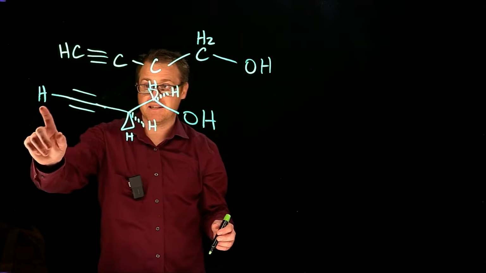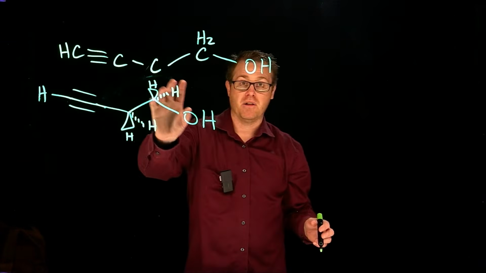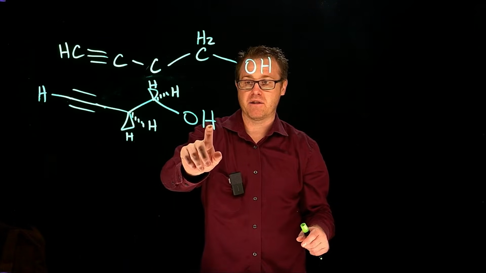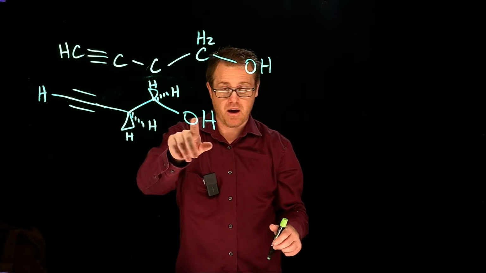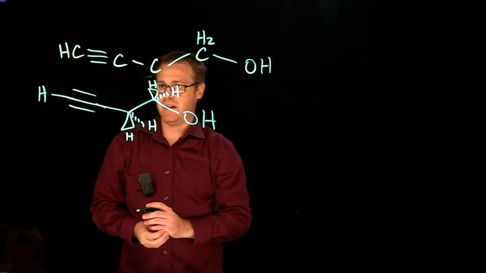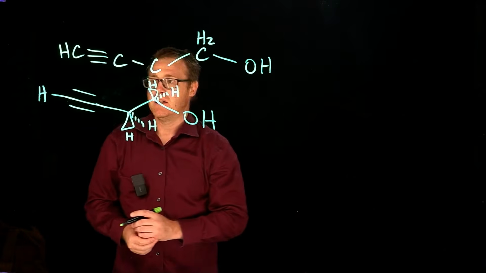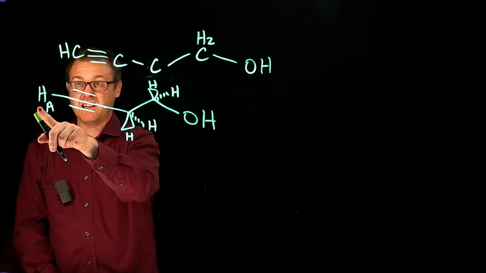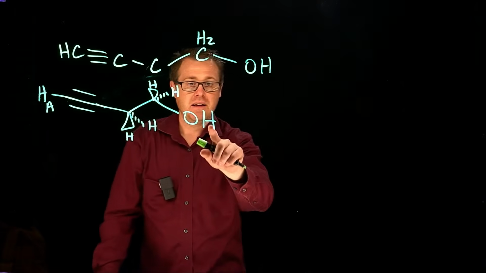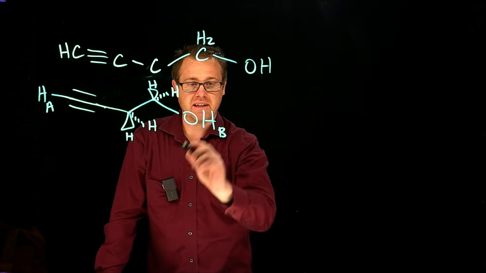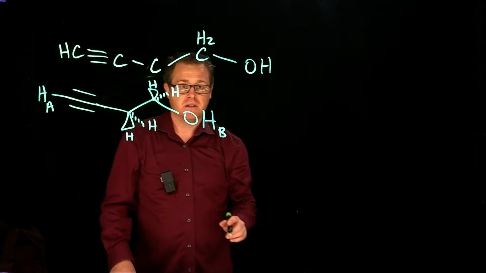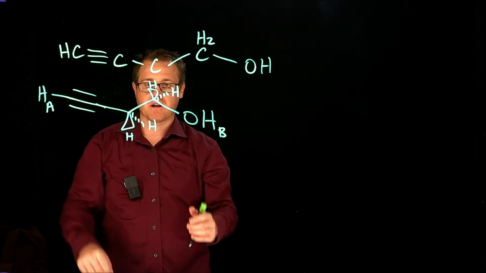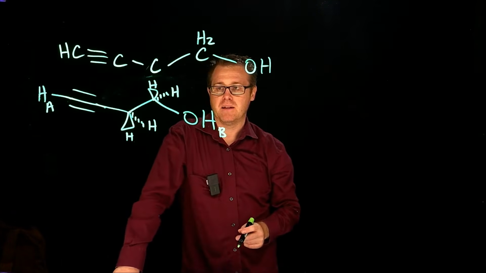The X is attached to a carbon on the one molecule, and on the other molecule, this X would be attached to an oxygen. It's just different connectivity, constitutional isomers. So what we can say is that this proton will give us a signal, and I'll call it A. This proton here will give us a signal, and I'll call it B. So we know HA and HB are not equivalent because they're constitutional isomers.